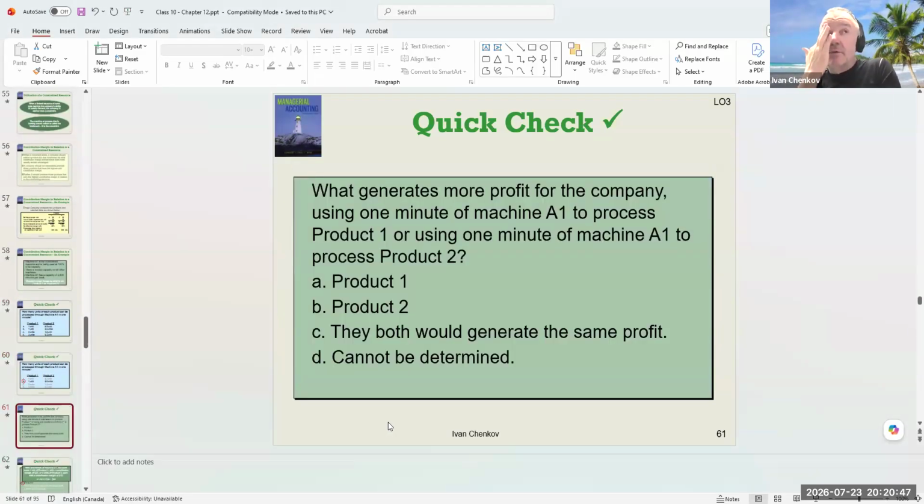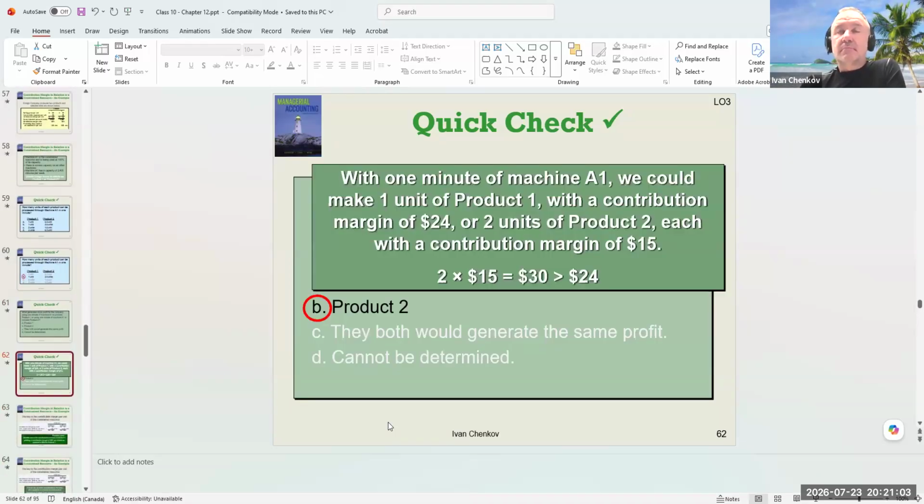Which product is going to generate the highest contribution margin within the constraint, product 1 or product 2? We already came up with the answer that it's definitely product 2, because within 1 minute we can produce 2 units of product 2, and only 1 unit of product 1. So $24 versus $30.